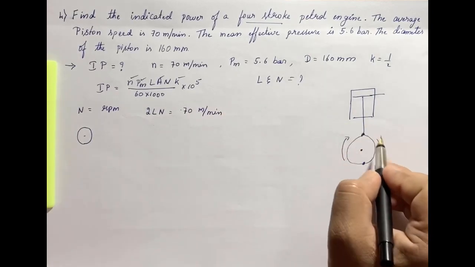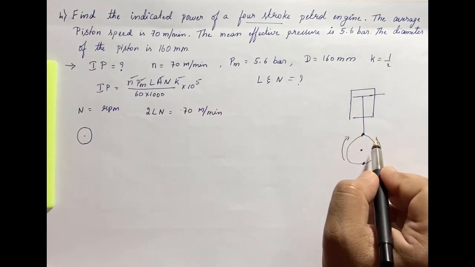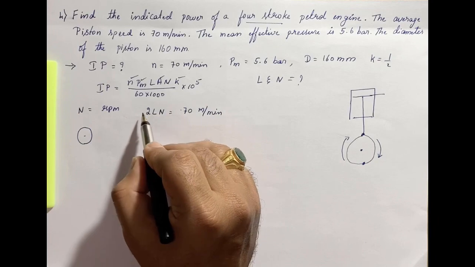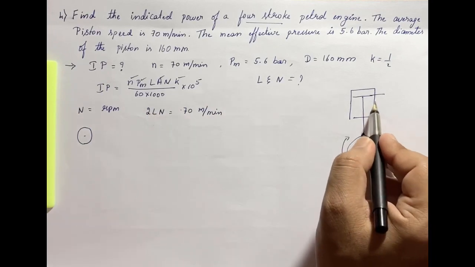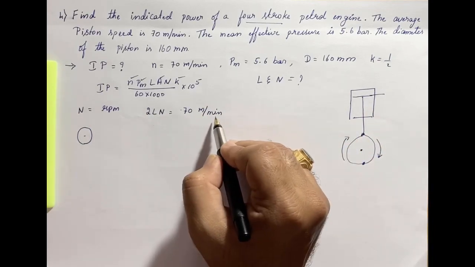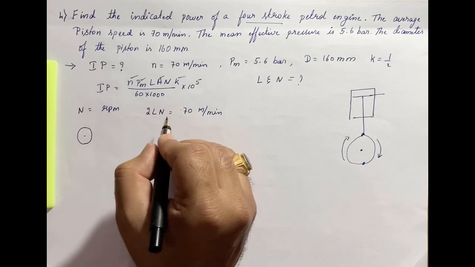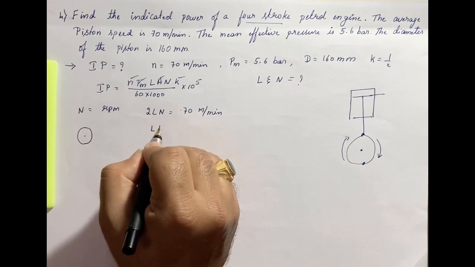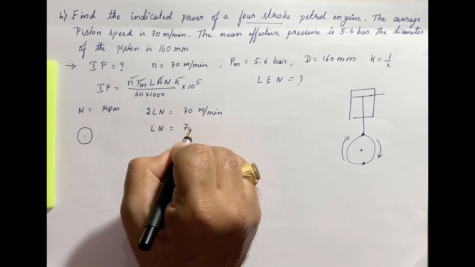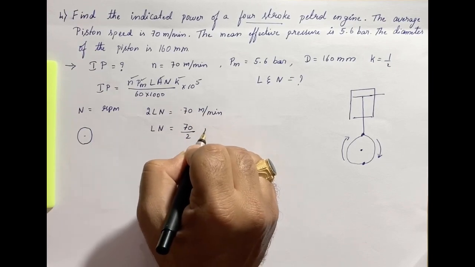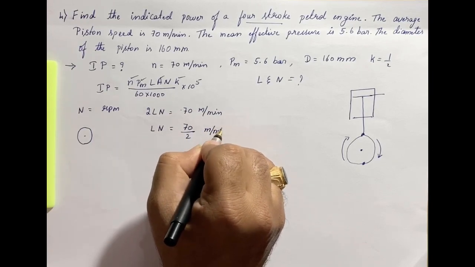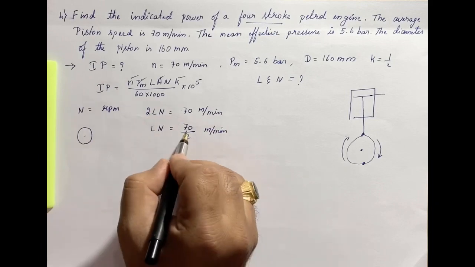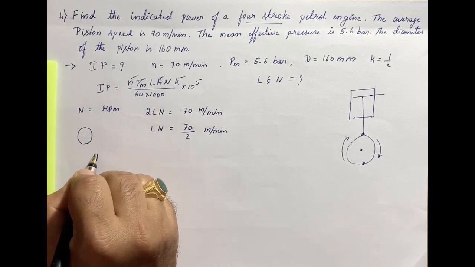Now we know LN is equals to 70 divided by 2 meter per minute. Now directly we can substitute in IP here.